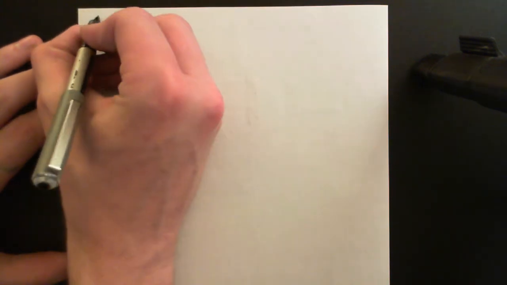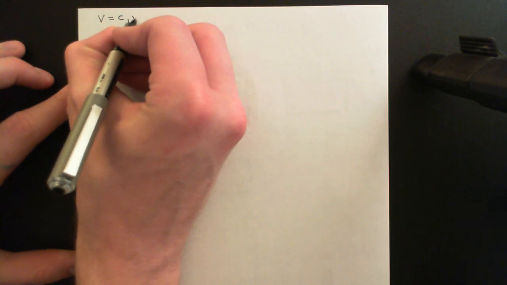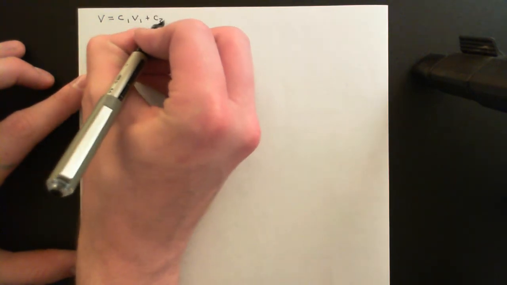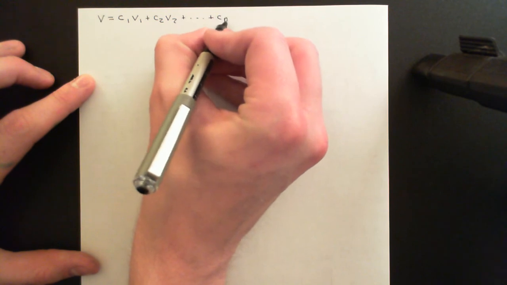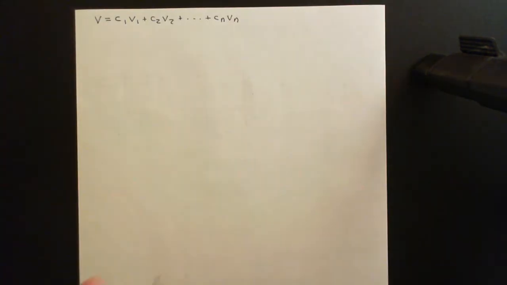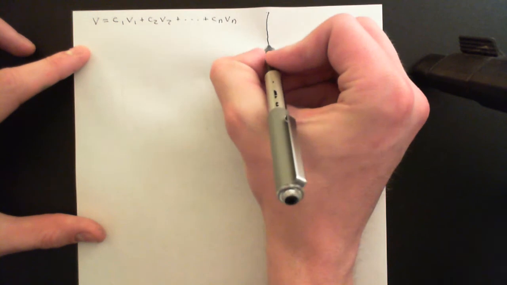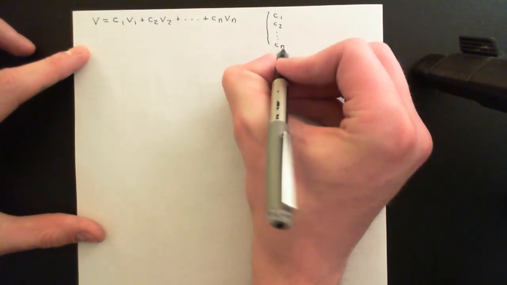Now let's consider what scalar multiplication is in terms of the coordinate vectors. Once again, let's say we've got a vector v which has a linear combination in terms of the basis vectors c1 v1 plus c2 v2 plus all the way along to cn vn, which means its coordinate vector is, as before, c1, c2, all the way down to cn.